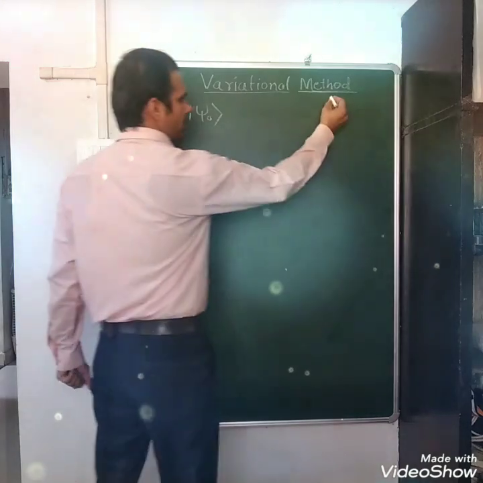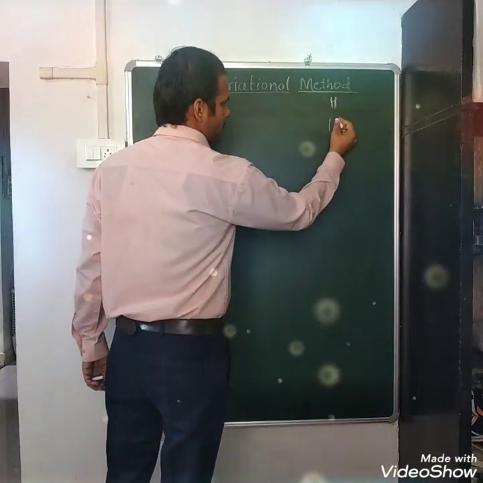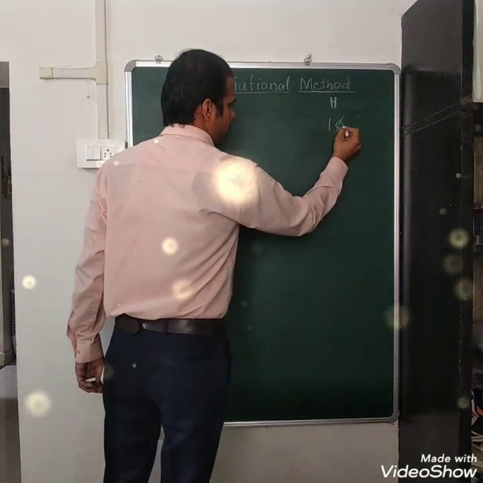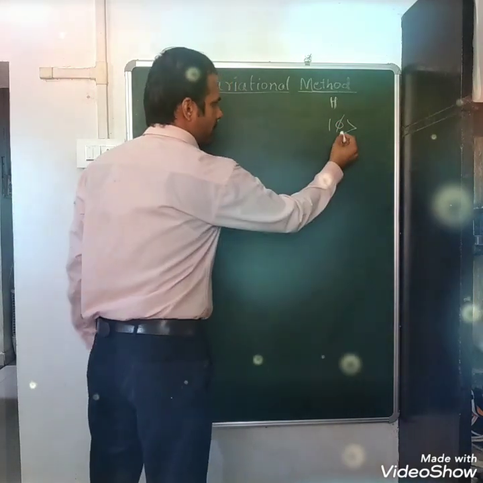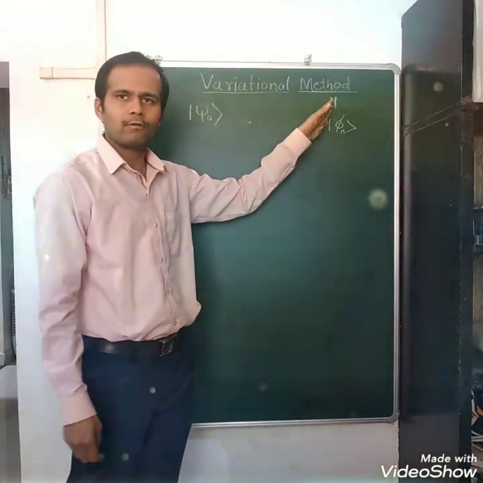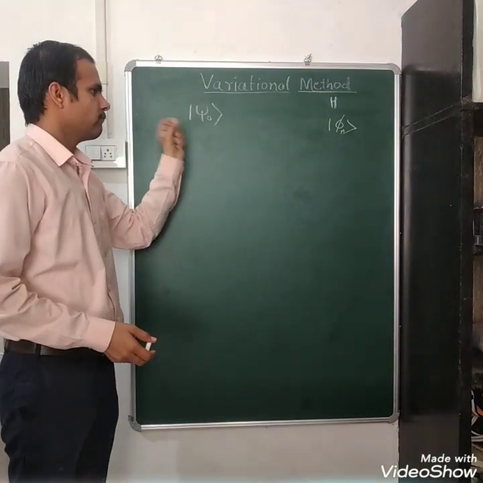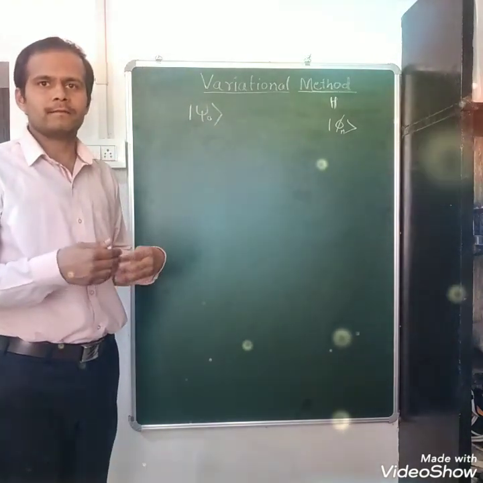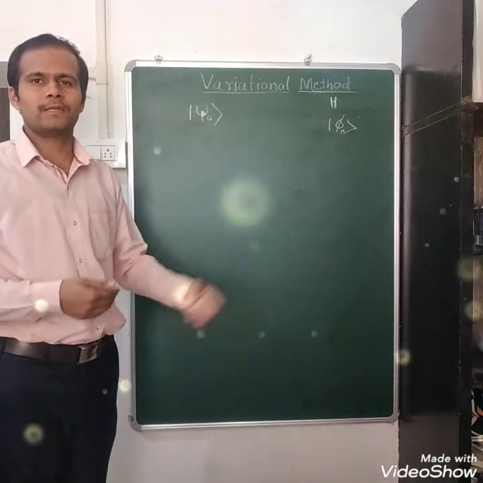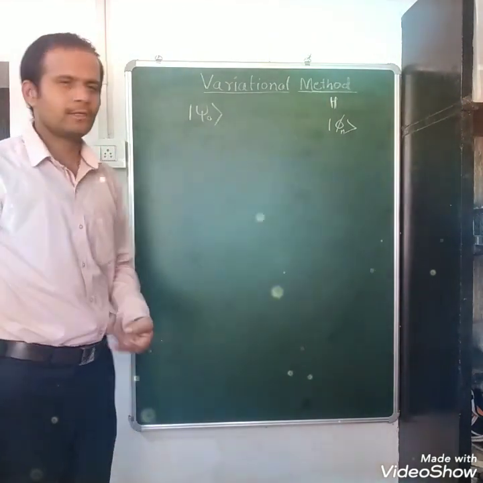If H is the Hamiltonian and ket phi n are the eigenkets of this H, then our trial wave function can be written as a linear combination of the eigenkets of the Hamiltonian.